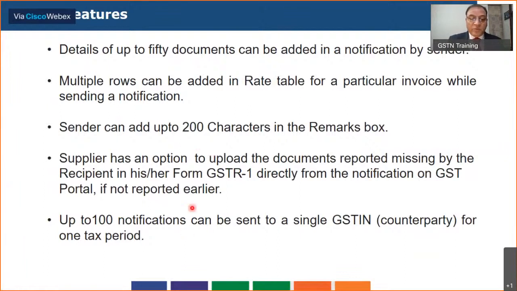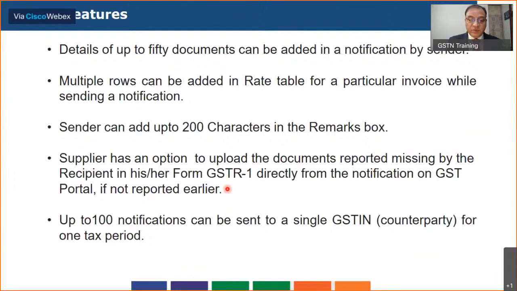You also have an option to upload the documents reported missing by the recipient in the GSTR1 directly. We will understand this a little better when we go through the screenshots. Basically, if a receiver complains that a supplier has not reported a particular document, which could be an invoice, a debit note, or a credit note, in the form GSTR1, he sends this through a notification to the supplier.